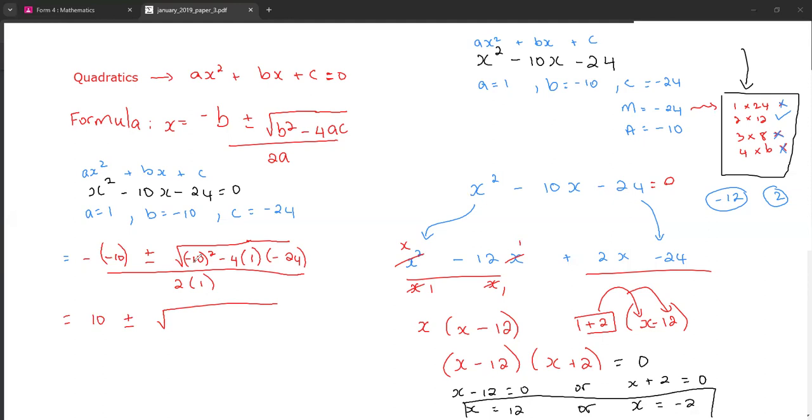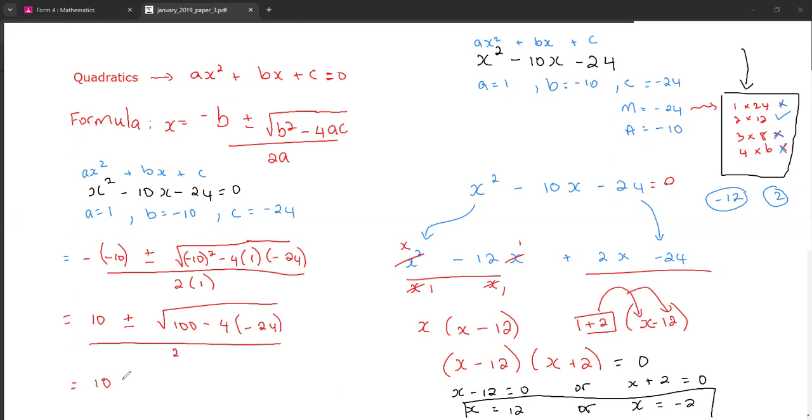That means negative 10 by negative 10, which is 100, minus 4 ones are 4, times negative 24. All over 2 ones are 2.